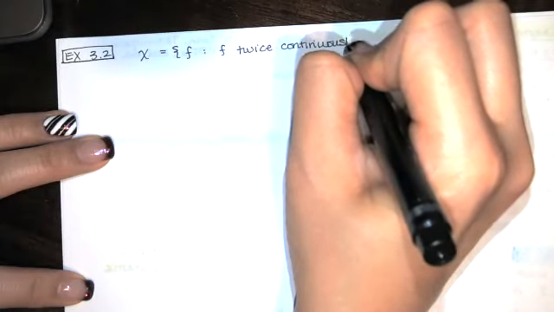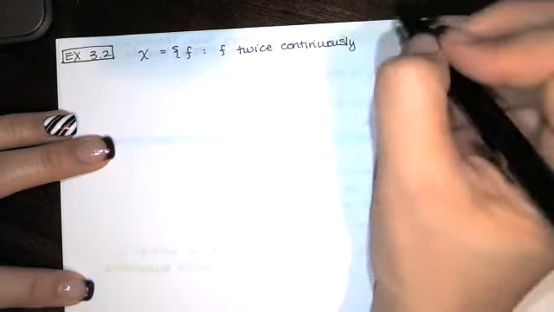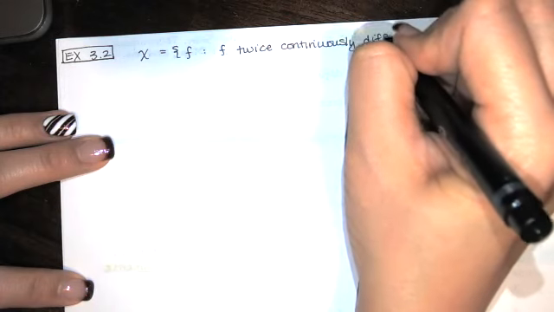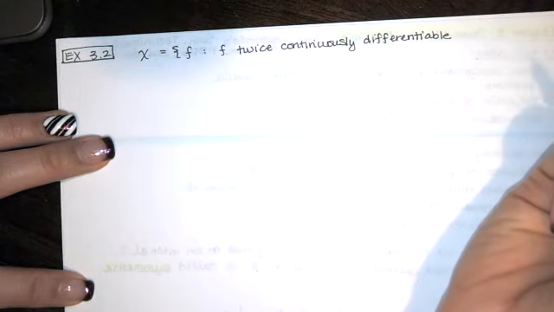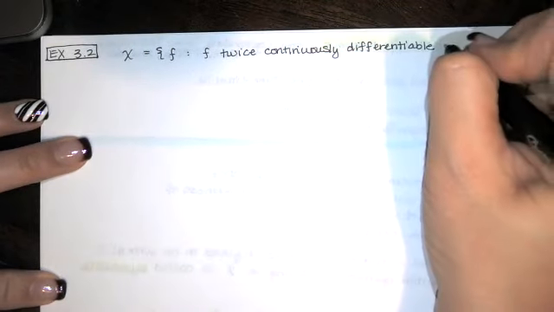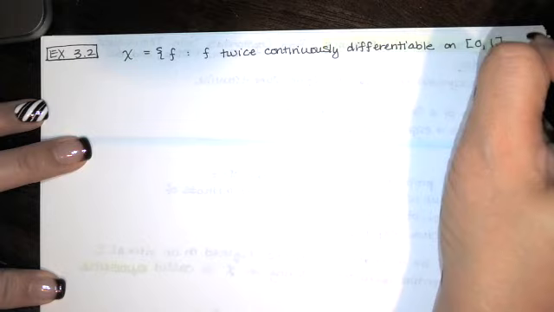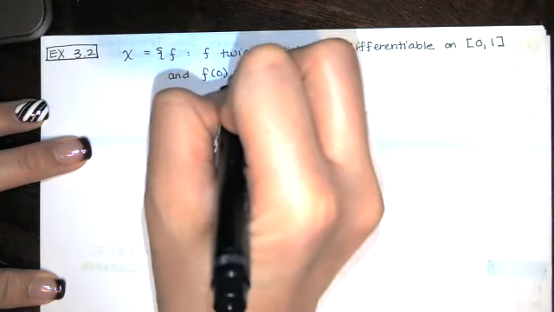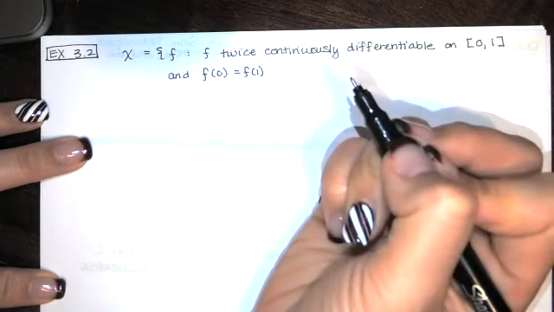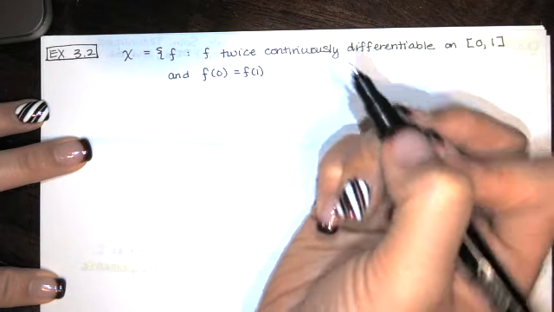That means you can take the first and second derivative and both of them are continuous. Not for all real numbers. We just want them to be twice continuously differentiable on the interval from 0 to 1. And we want f of 0 and f of 1 to both be equal to 0.